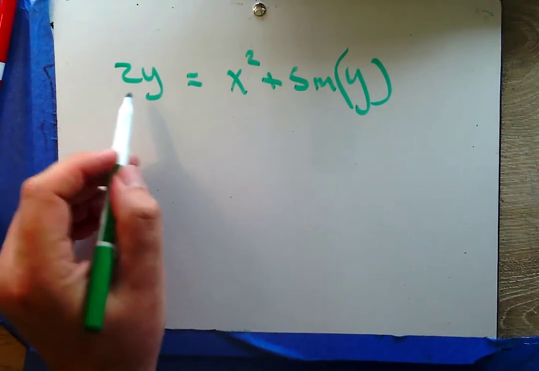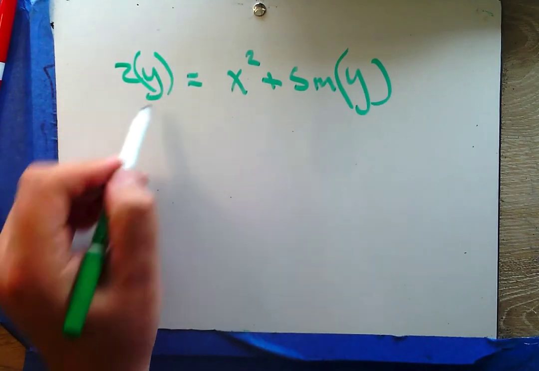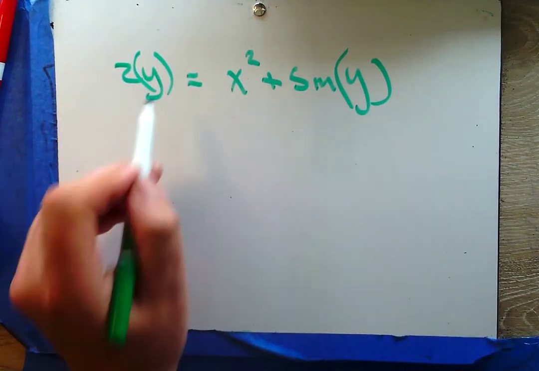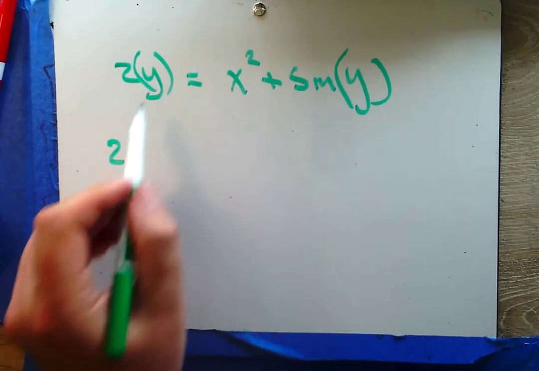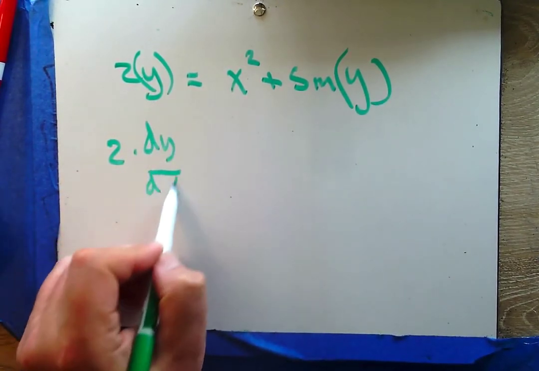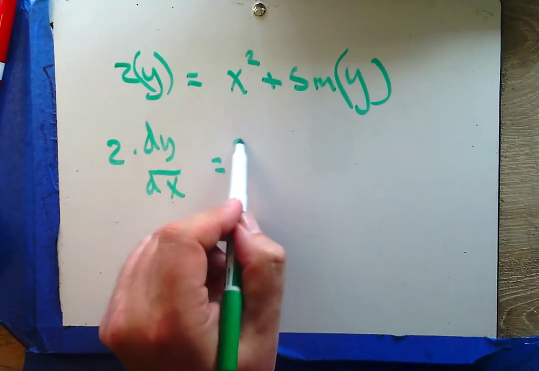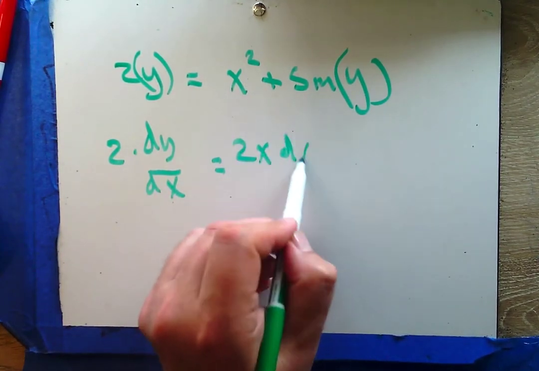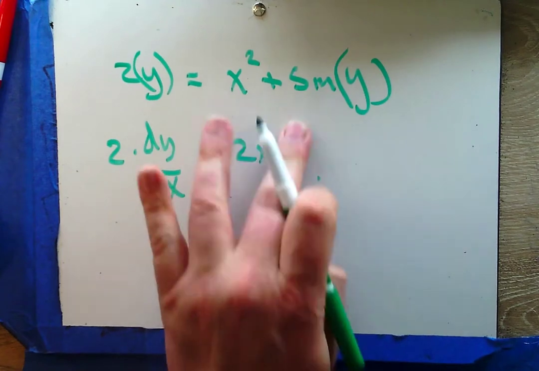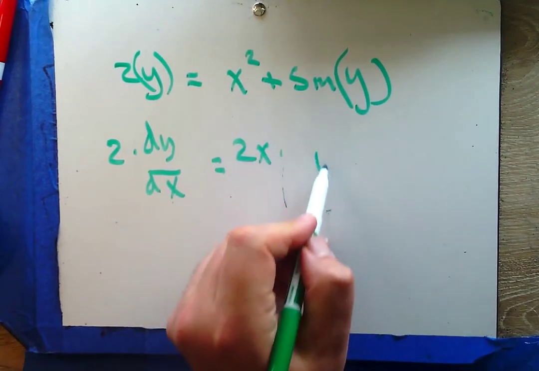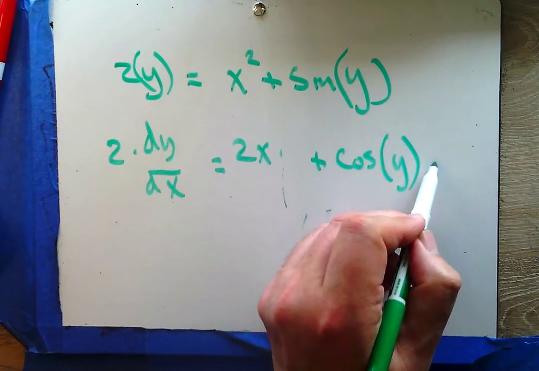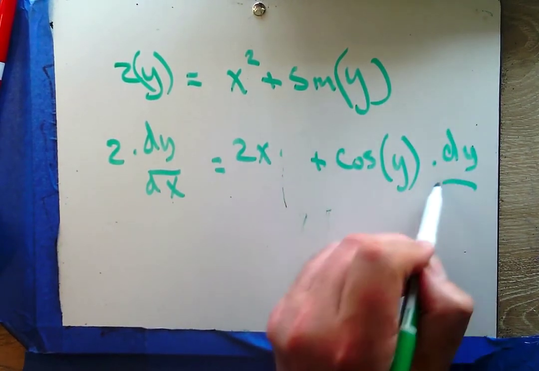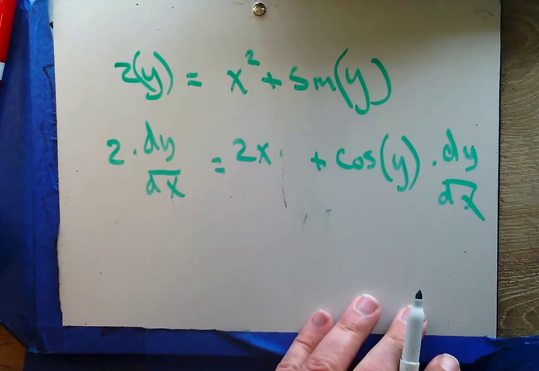Welcome back. So here, the derivative of a constant times the thing is that constant times the derivative of that thing. Here, derivative is 2x, times dx dx, but no, we don't write that, plus the derivative of sine, leave the inside alone, times the derivative of the inside with respect to x.